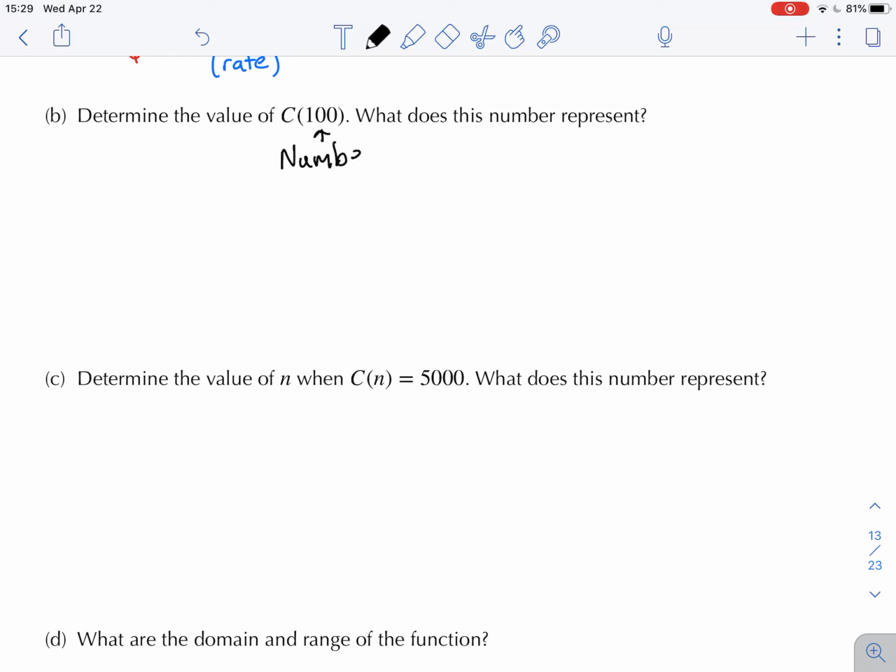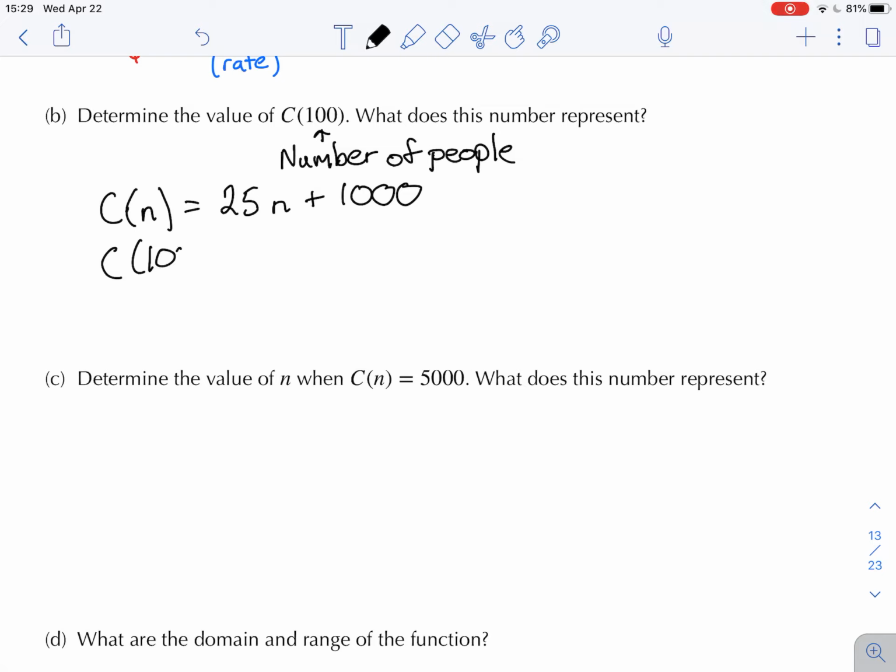Letter B. Determine the value of C of 100. 100, this is the number of people. So we're going to determine the cost if 100 people show up. Actually, I'm going to just step back. Because it's not on the page, I'm going to write out my function.